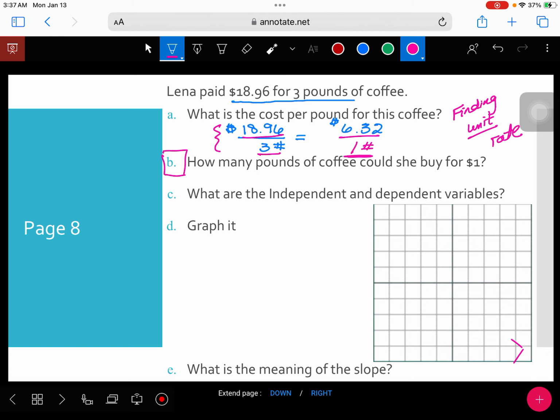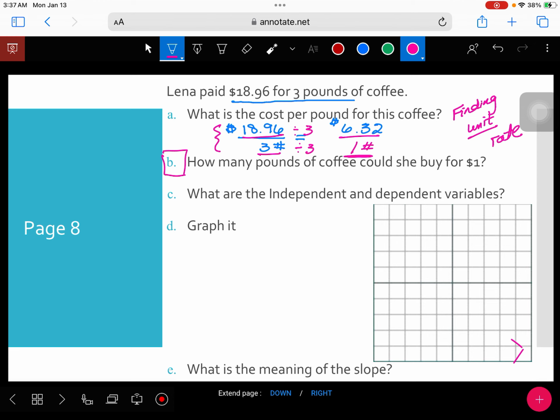And you'd say, well, I could divide by 3, and so I could divide by 3 here, and that's another way of looking at it. Regardless, it's called finding the unit rate. In other words, how much does it cost for one item? Okay, finding the unit rate.